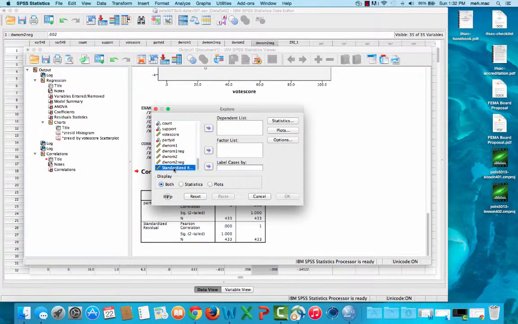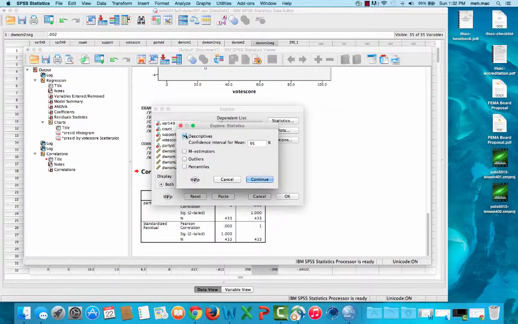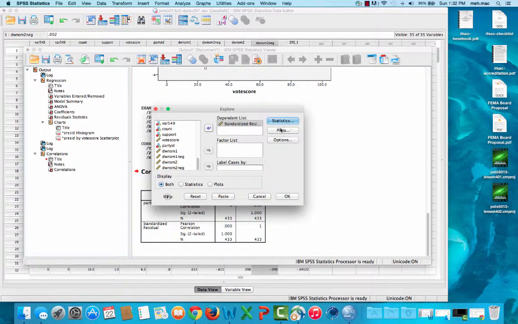I click the first standardized residual associated with the party ID model and put it in the dependent variable. I don't need any descriptives here because I already ran those in the model results above, so we're just going to run the residuals again.